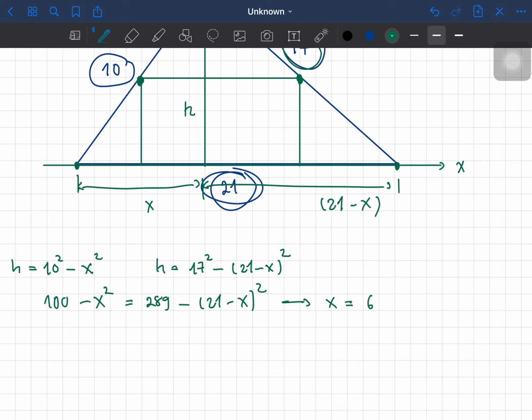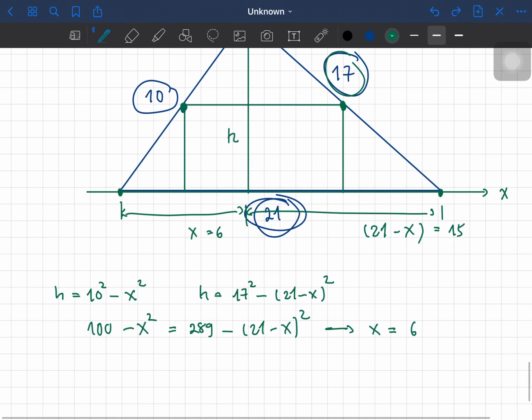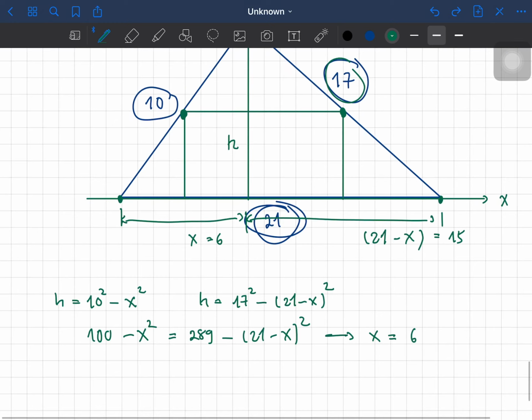Which means x equals 6 and 21 minus x equals 15. These are very important things we're going to use for stating the coordinate points. And so we can deduce the height, or the altitude, of the triangle.